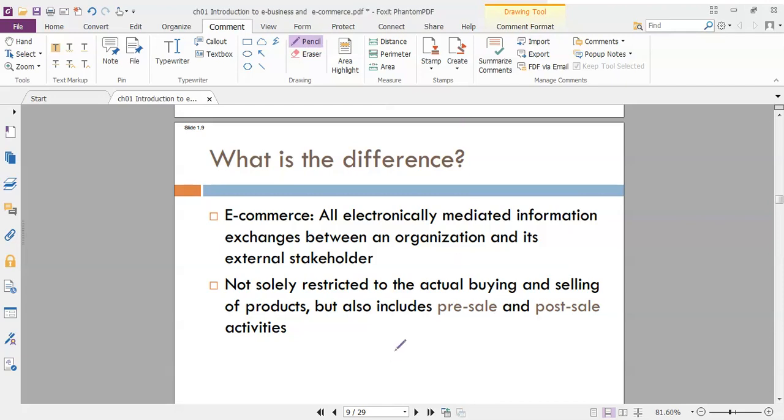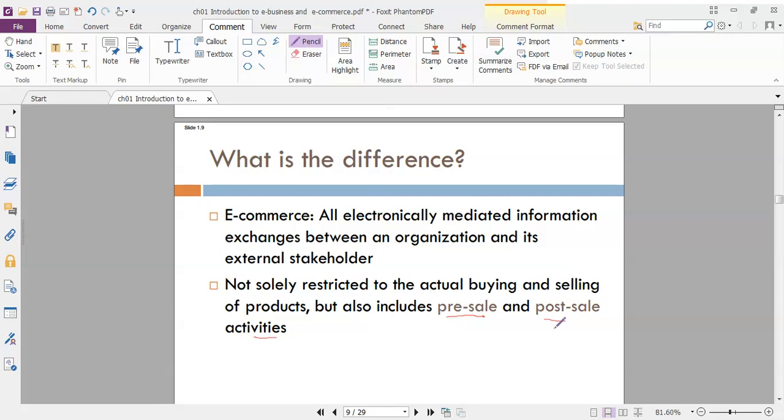Okay, let's continue. E-commerce is not solely restricted to the actual buying and selling of products, but also includes pre-sale and post-sales activities. Pre-sales means the information that you need to fulfill.